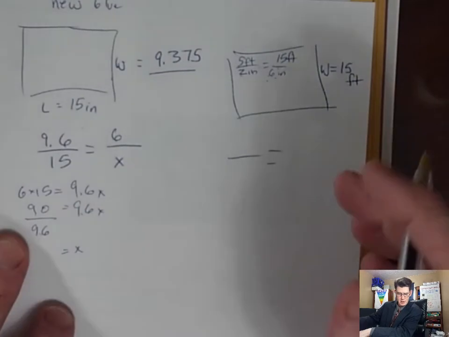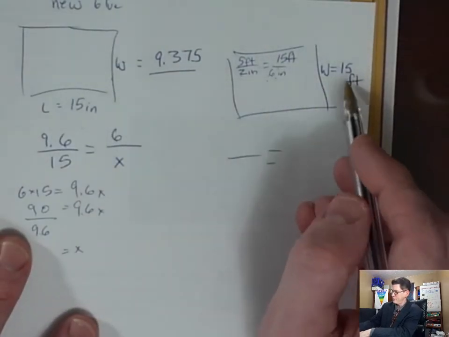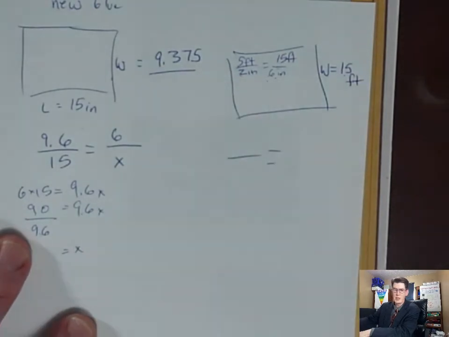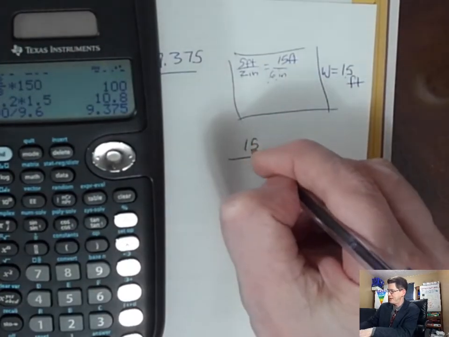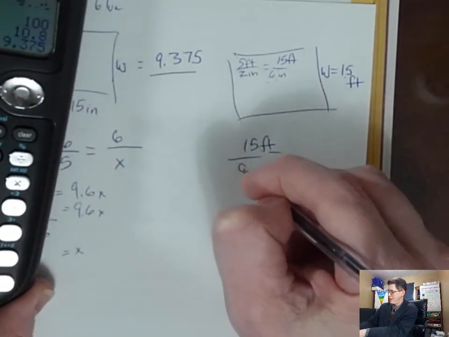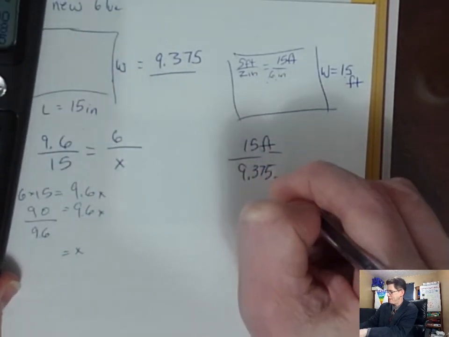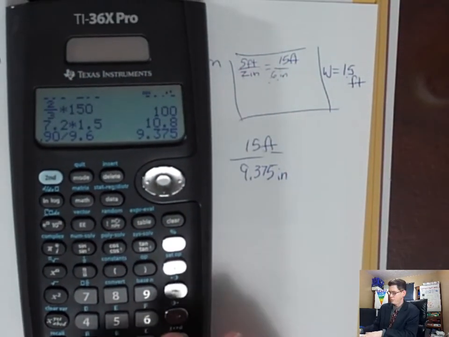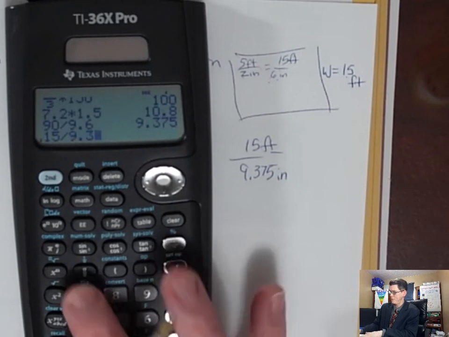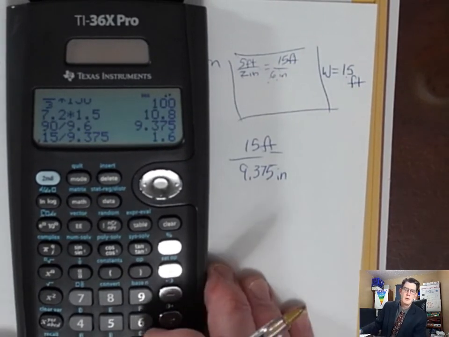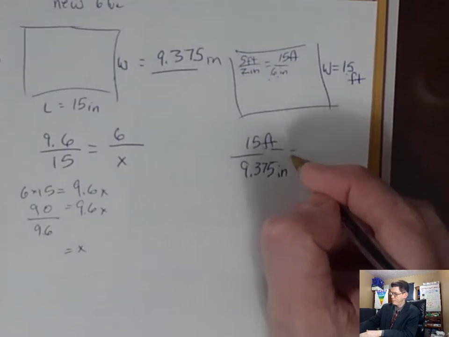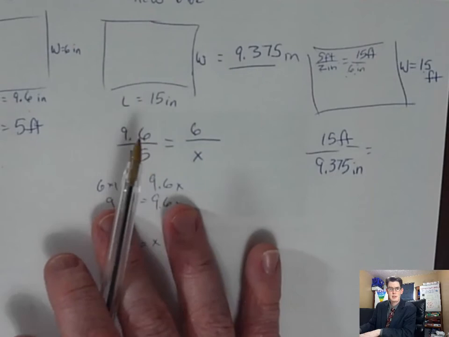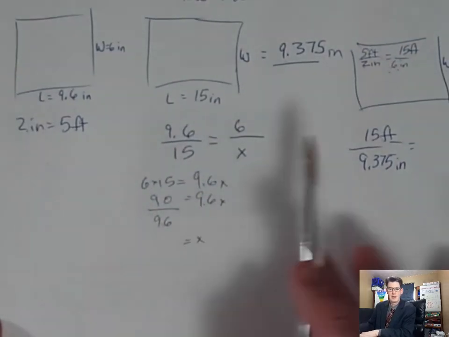What is the scale factor? 15 feet is the original, and 9.375 is the inches. 15 divided by 9.375. The new scale is 1.6. We have the 2 inches. 2 inches is 5 feet.